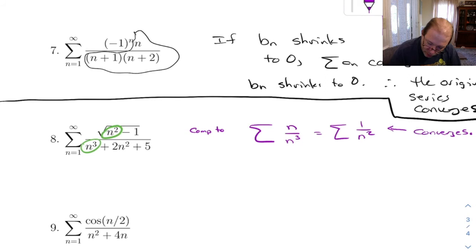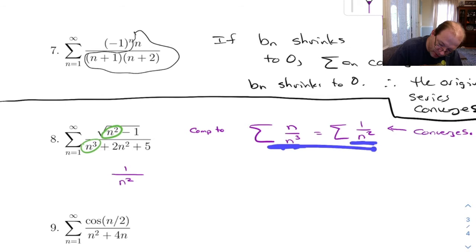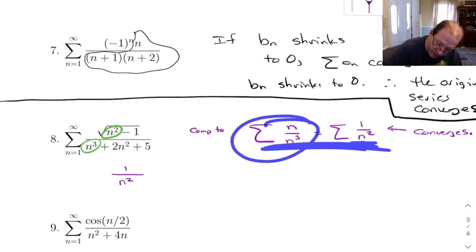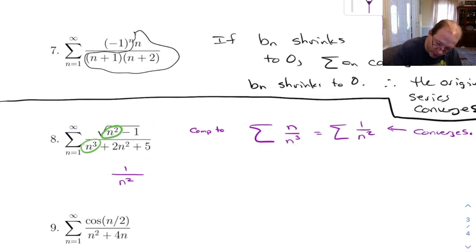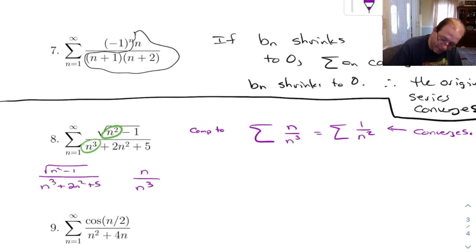All right, so let's set up a comparison. Actually, in the comparison, I want to use this. These two things are equal, but this is closer in terms of how it's written. So over here I've got n over n cubed. And over here I've got square root of n squared minus 1 over n cubed plus 2n squared plus 5.